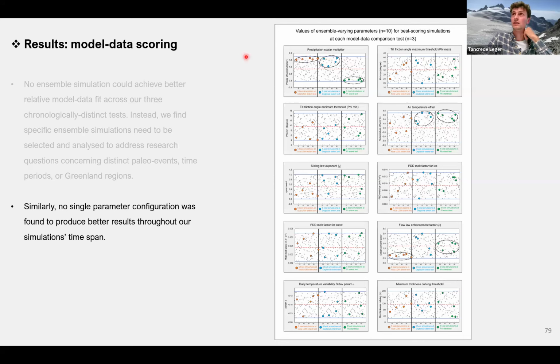However, it shows that if you want to get even better scores and more realistic models, you might want to consider having time-dependent parameter explorations. So spatially and time varying parameters within your ensemble, which will make the ensemble even more complex, but potentially will produce better results. It's something that I'm really interested in, and I really want to explore this a bit further.